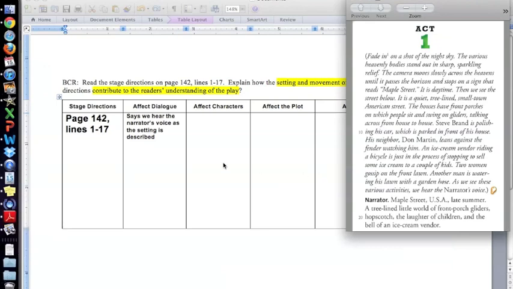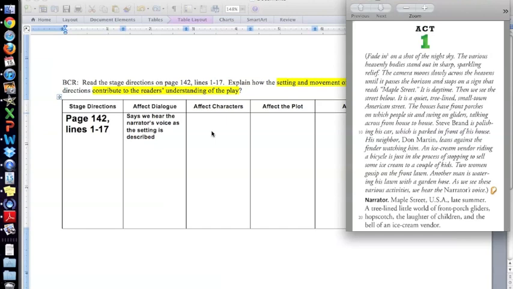All right, another thing I want to look at is how this affects the characters. The first thing that stands out to me is these names that are written right here. Steve Brand, Don Martin. We see that Steve Brand is polishing his car, and Don Martin is watching him. We see that kids are getting ice cream down here, and that two women are gossiping on the front lawns.